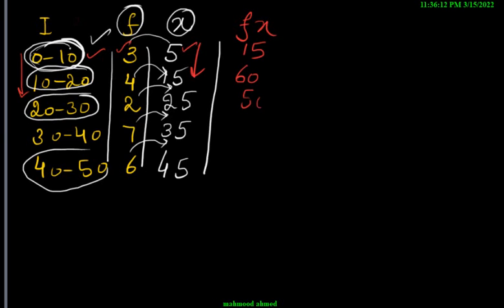4 times 15 is 60. 2 times 25 is 50. And 7 times 35 is 245. And in the same way, 6 times 45 gives me 270.